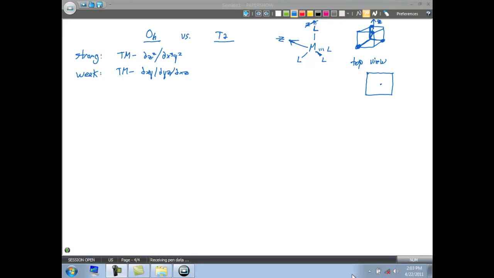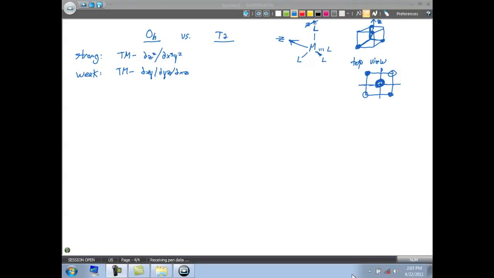So if we assume our transition metal is right here in the center, and the z-axis comes straight out of the page from that center, we're going to have 2 ligands here that are above the plane, and 2 ligands here that are below that plane. So if a dz squared interacted with these ligands, this would be like the top of that barbell lobe of the dz squared. It's not going to interact very well with those ligands.